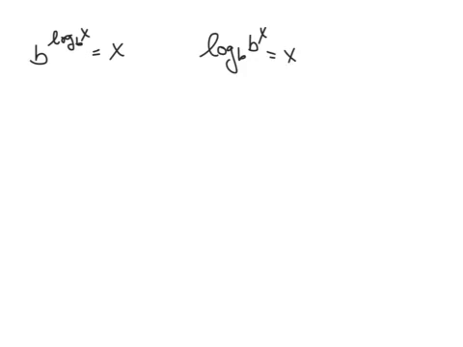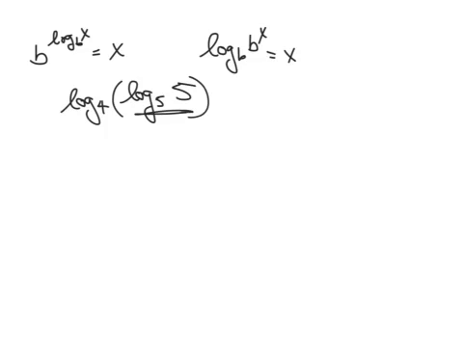Alright, so we have log base 4 of, in parentheses, log base 5 of 5. What are we going to do with that? Well, we know that that is the same as log base 5 of 5 to the 1st power.